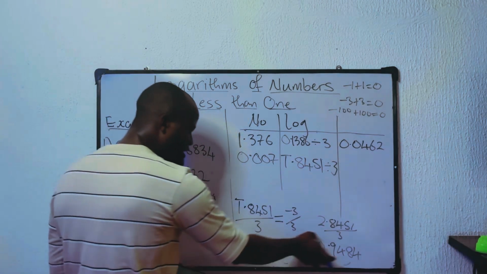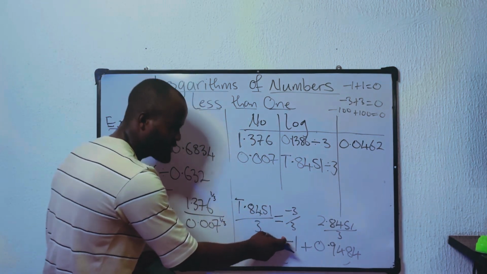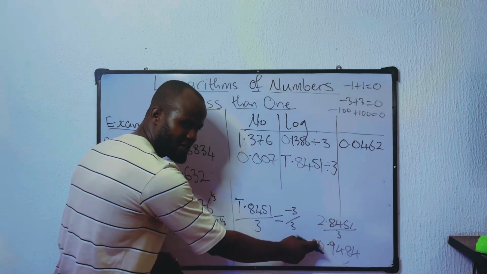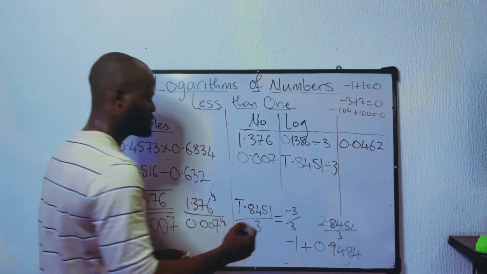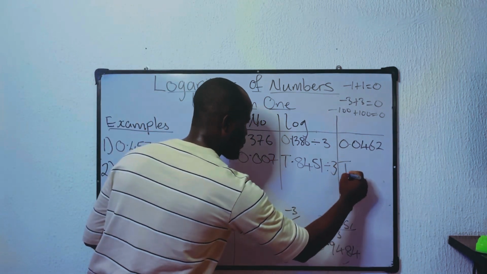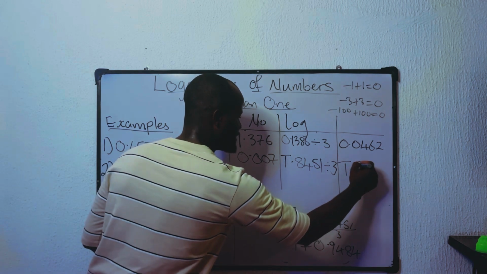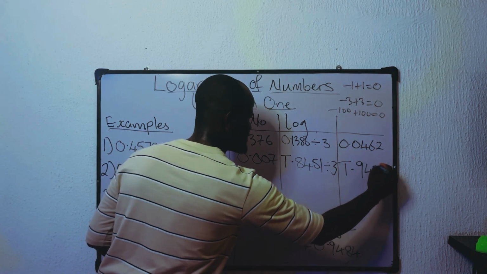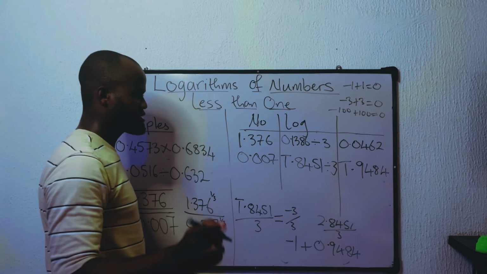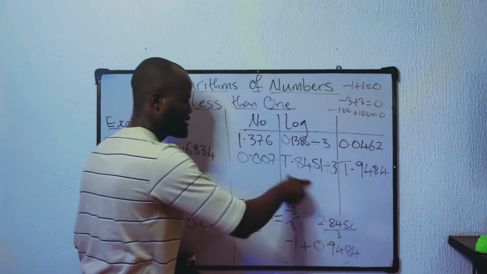So when you bring this together, this one naturally goes to the characteristic part when you add it. So that becomes bar 1.9484. That is the result of this division.